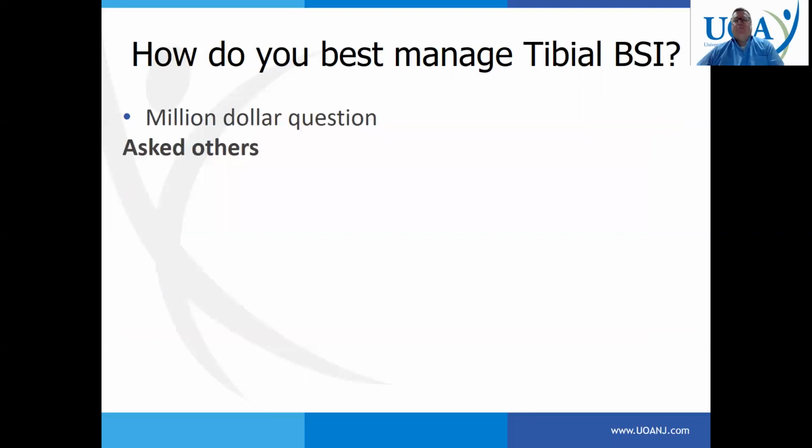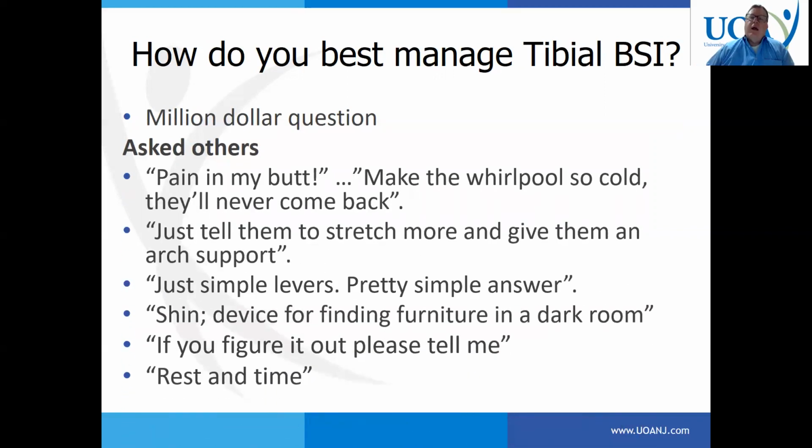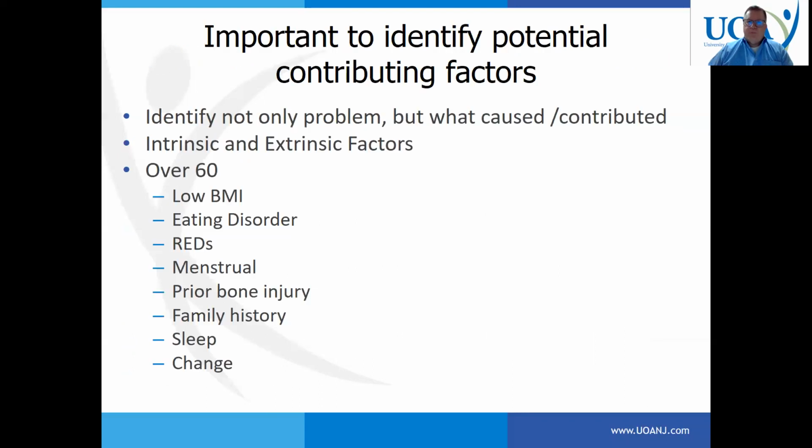So how do you best manage a tibial bone stress injury? It's kind of the million-dollar question. I asked a lot of athletic trainers as I was preparing for this talk. There's no clear-cut way. There is a lot of ambiguity, and it's obvious that people are overwhelmed by the commonality of this injury that we see in our high school and adolescent population.